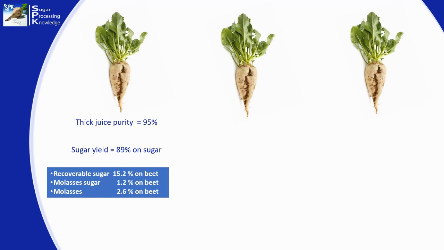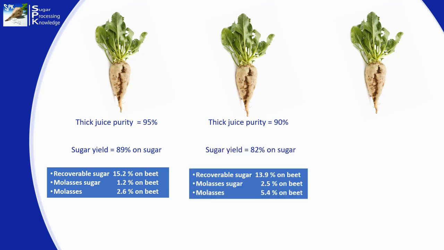In the second case, the factory extracts thick juice with a purity of 90% from the beet. This gives a sugar yield of 90%, a recoverable sugar of about 14% on beet, a molasses sugar of 2.5% on beet, and a molasses quantity of 5.4% on beet.